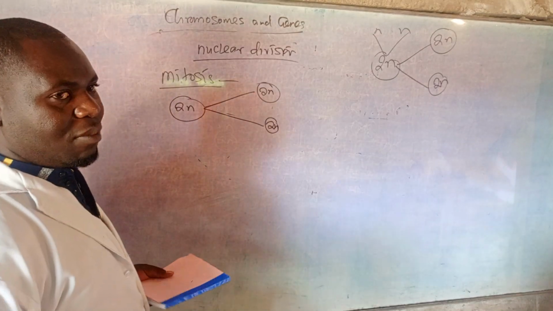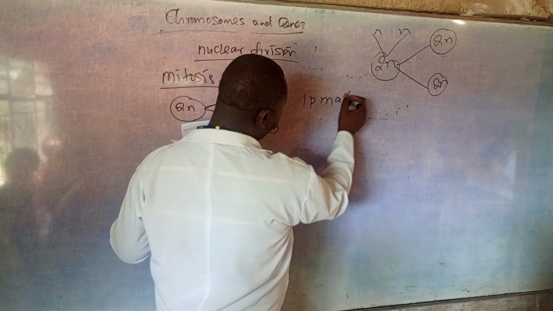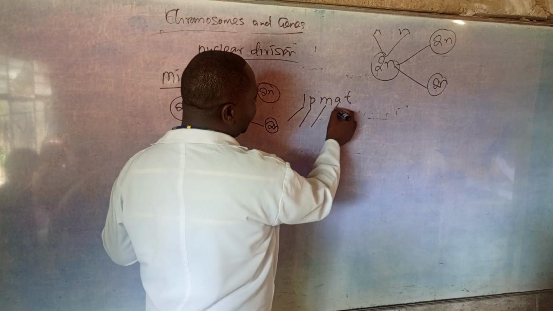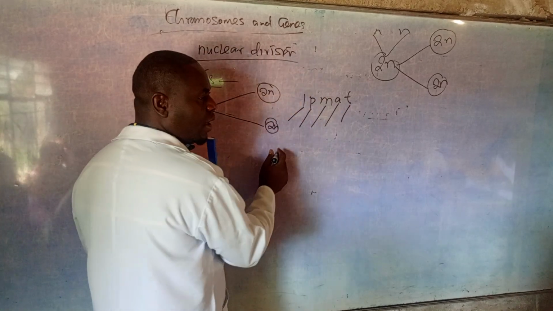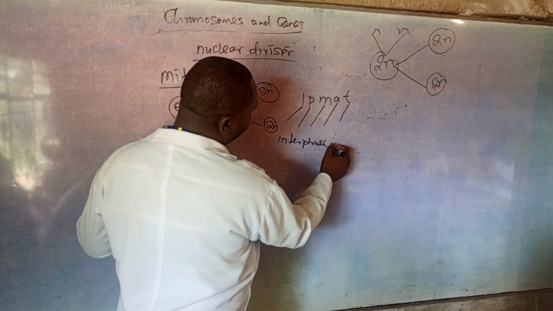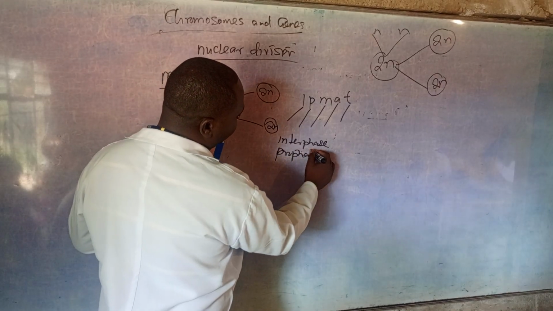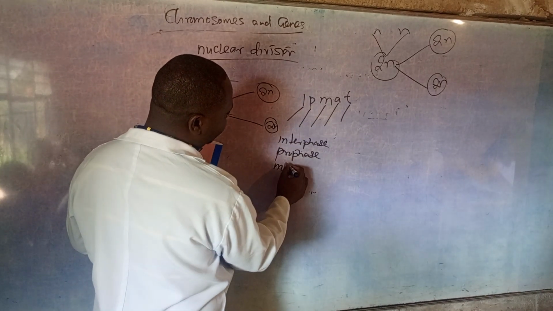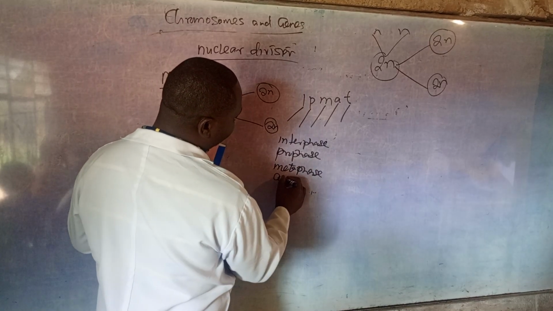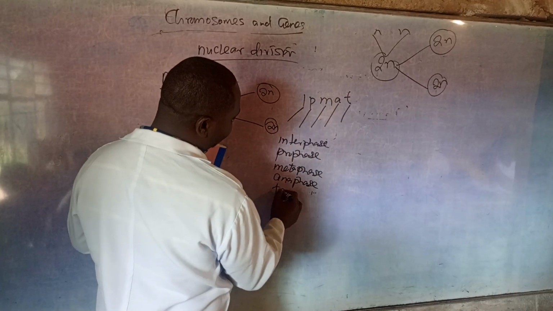Then we have what we call the stages of mitosis. As for me, I memorize them using the word IPMAT. This is interphase, prophase, metaphase, anaphase, telophase.